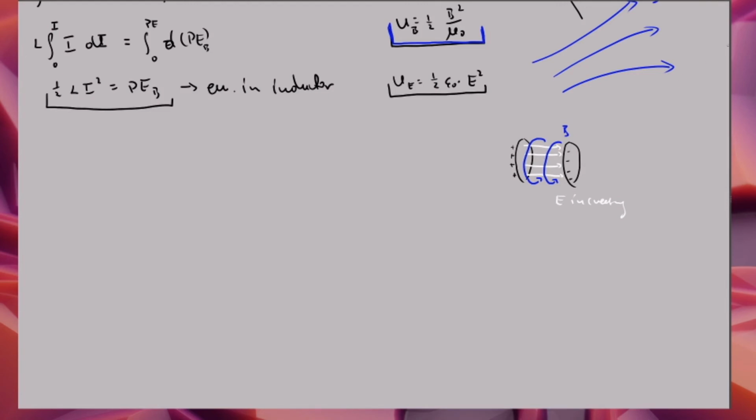Or what if you just had an electromagnetic wave, so that you have an electric field that does something like this? That'd be the electric field. And then you have a magnetic field that does something like this, and maybe I'll put some vectors here to indicate that what we have are vector fields.